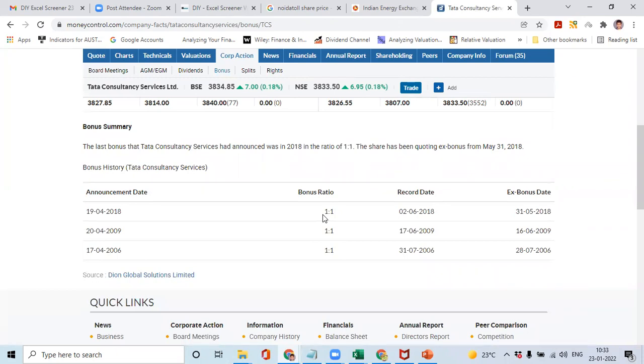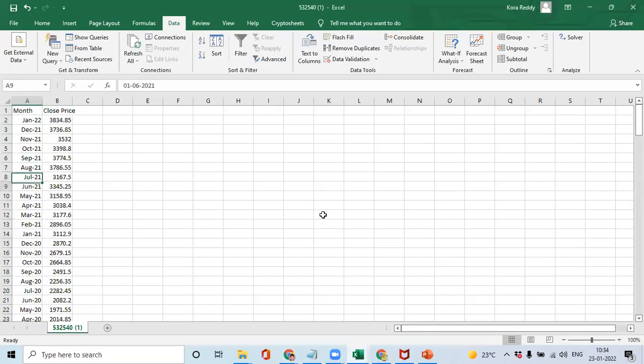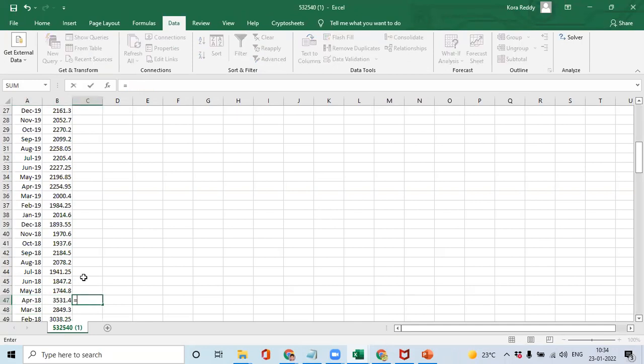So what is the adjustment that you do now? For bonus, what is the adjustment? Double the price on the ex-date. A plus B by B. So A is 1, 1 plus 1 is 2, 2 by 1. So 2 is your ratio of adjustment. So from 2010 to April 2018, the price becomes half.